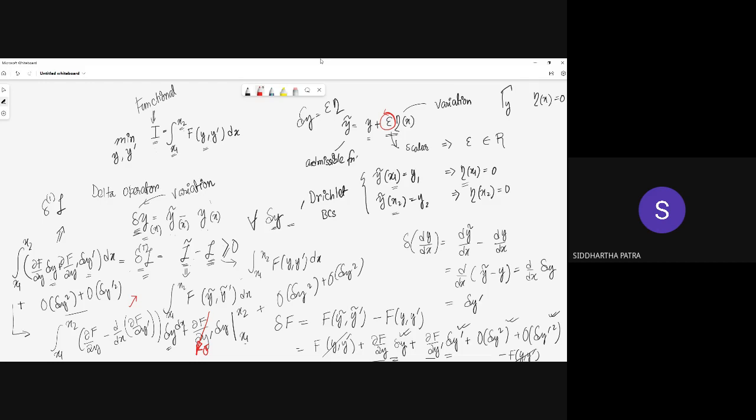Okay, but if this is the most significant term close to epsilon equals 0, then we want this term to be always decreasing as we are approaching 0, whether we are approaching from left or from right.